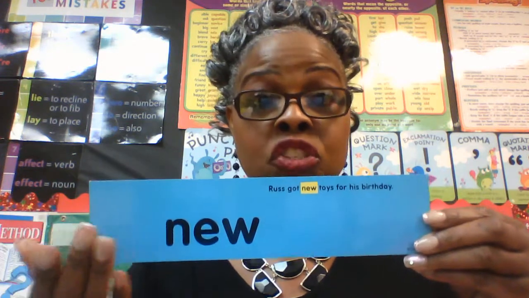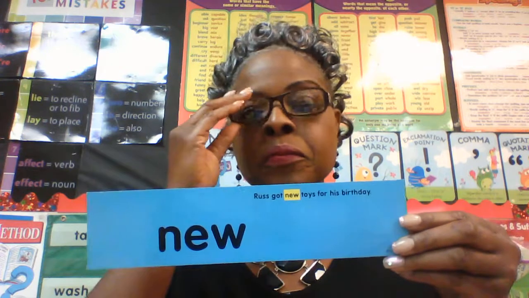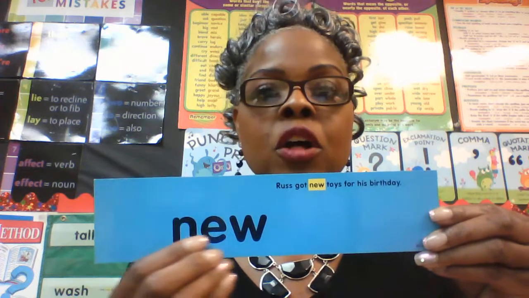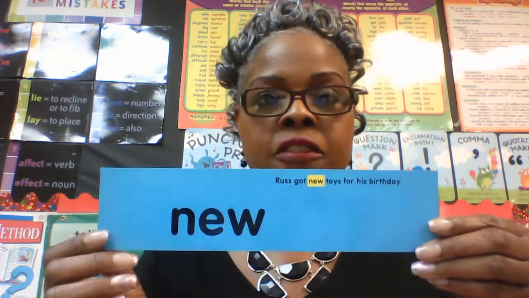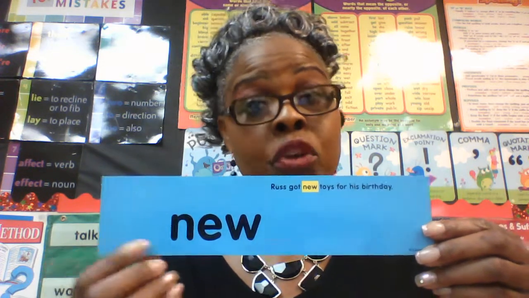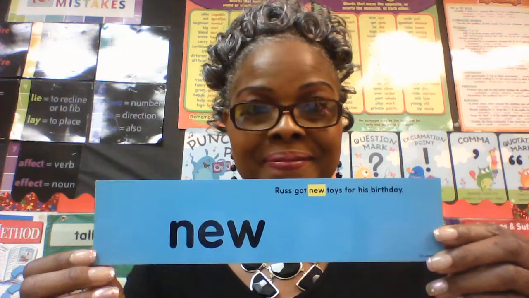So you're going to add EST to your sentence. You're going to spell new correctly, adding suffix EST. You're going to make your own sentence with the word new. You're going to compare it to more than one thing. You're going to pick an object pronoun and compare it to more than one thing.